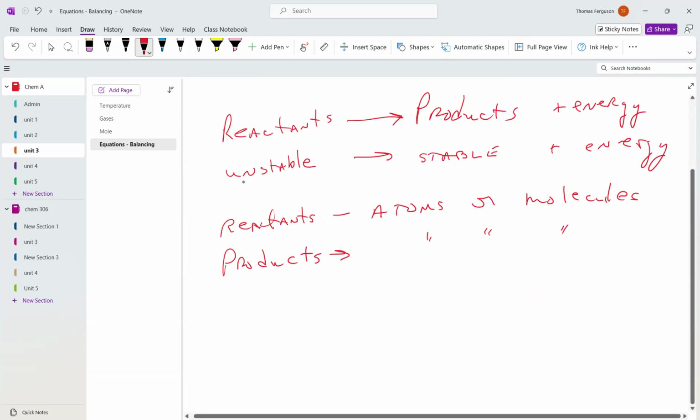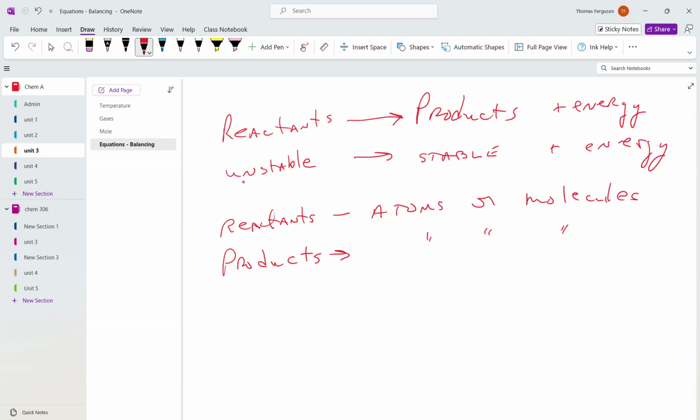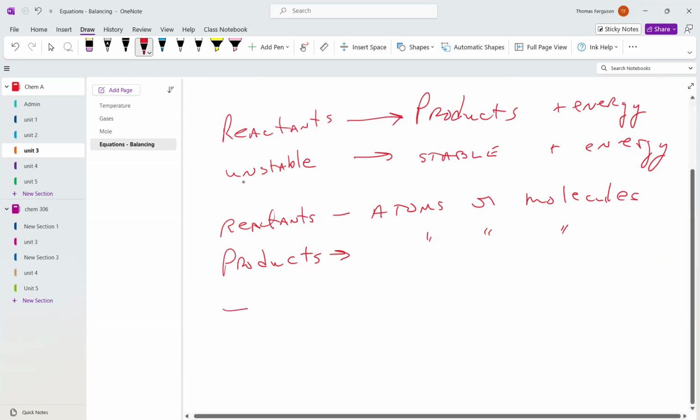So what's going on with this arrow here? Okay, when the arrow happens, the reactant bonds are broken.